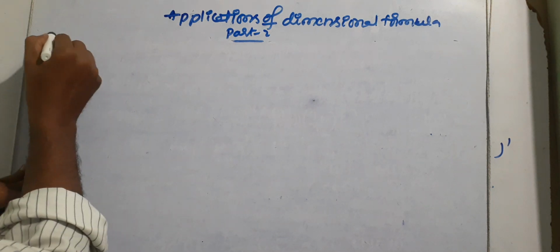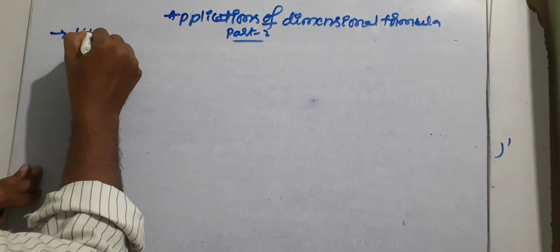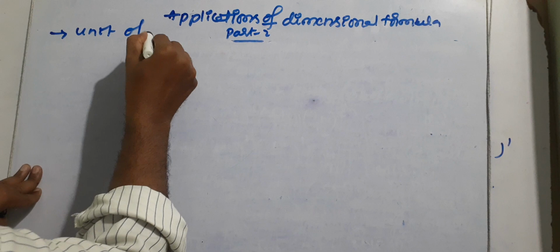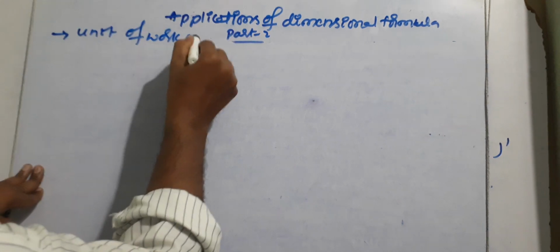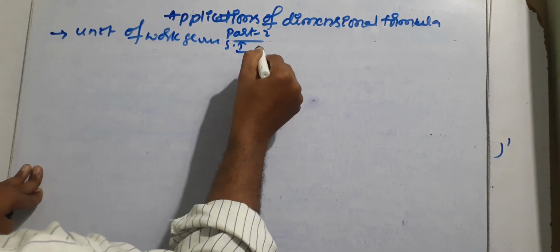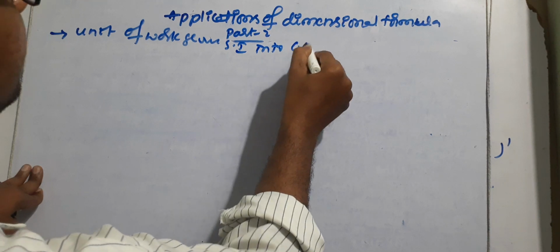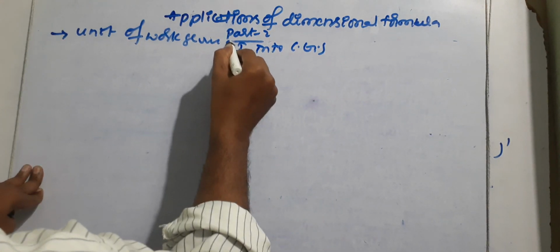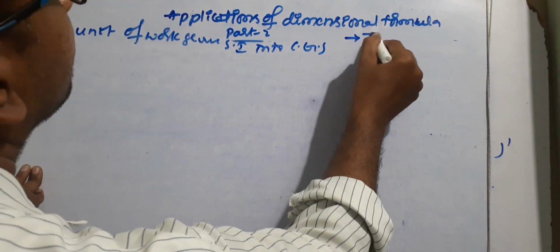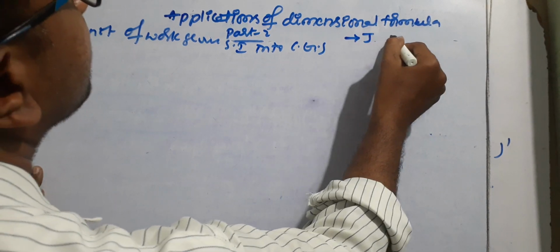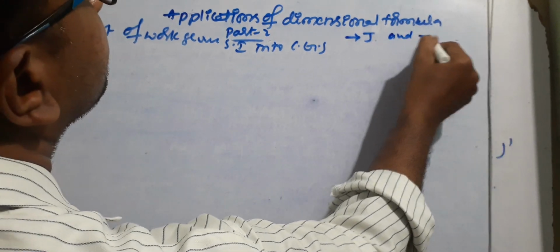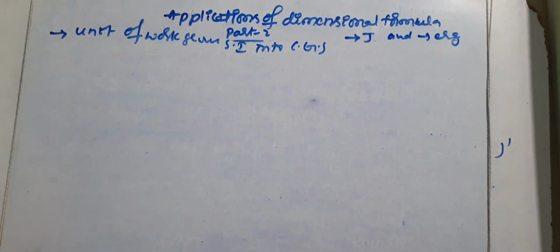Suppose we are going to convert the unit of work from SI system into CGS system. The SI unit of work is joule and the CGS unit of work is erg. Erg is the CGS unit of work, joule is the SI unit of work.